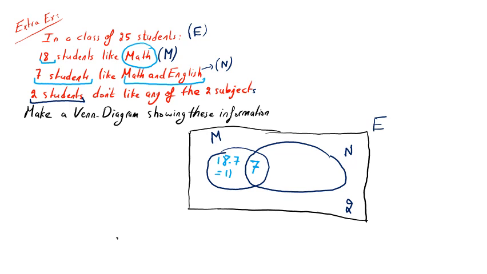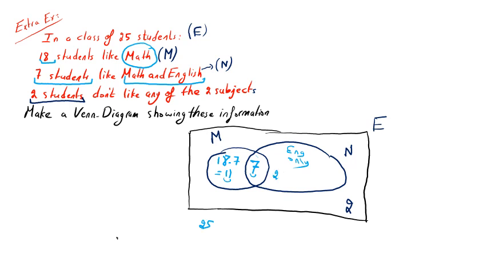If we calculate 11 plus 7, we get 18. So all of set M is 18, and our answer is correct. Now how many students like English only? All students are 25.